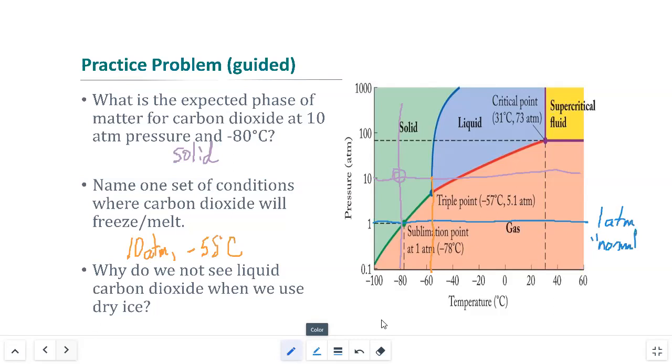It's because it doesn't exist at this condition. Liquid's not present at 1 atmosphere. To get to the liquid phase, I've got to go up to somewhere around 5 atmospheres. Actually, a little bit above.